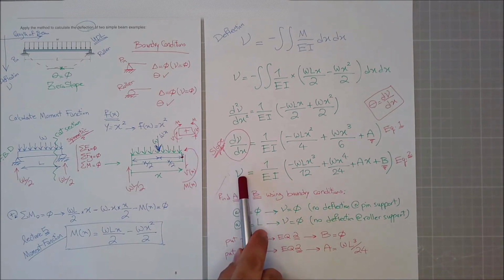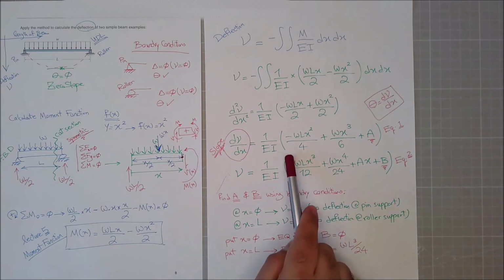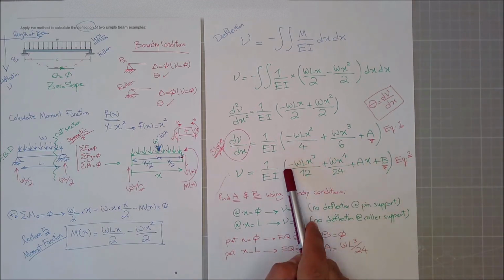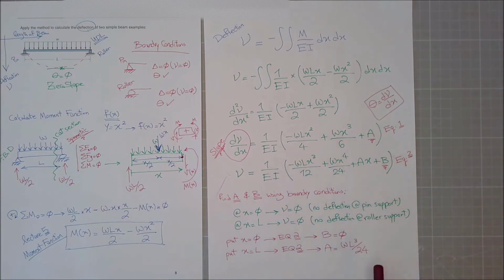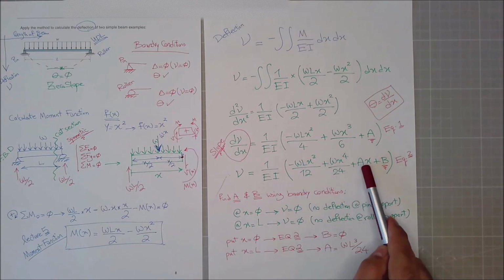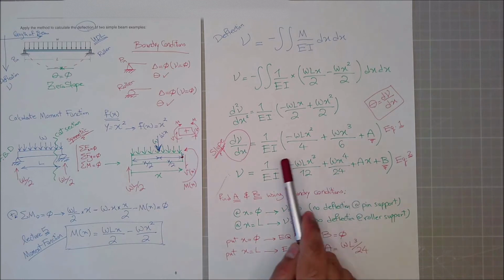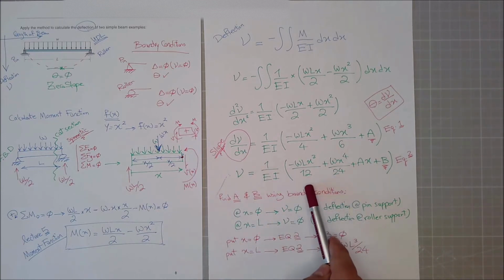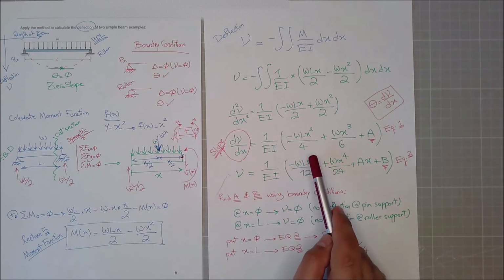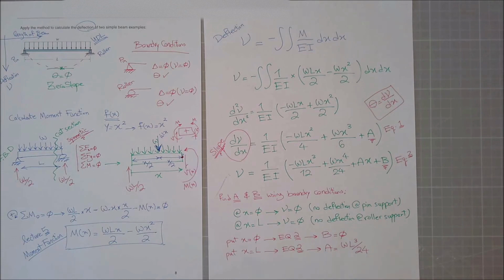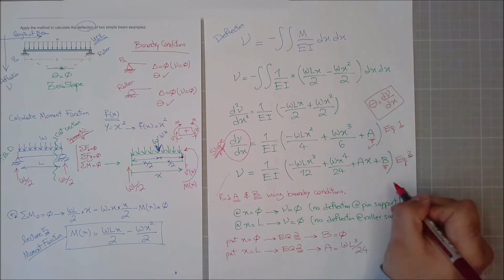Remember, if this is 0, this multiplied by 0 will be 0 as well. So I'll just end up with such a thing inside this. If I simplify it, you can already see L to the power of 4, one L over here as well. I'll bring it to the other side. L will be divided. So A is WL to the power of 3 divided by 24. A done, B done.